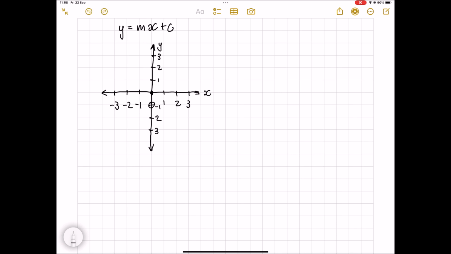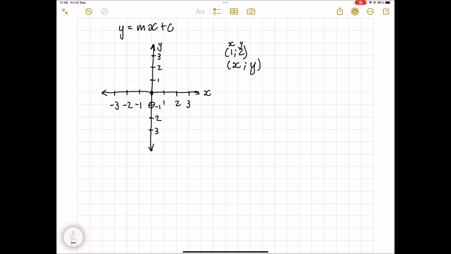So let's say you want to find the point 1 and 2. With coordinate notation, it's always in the form x first and then y. So if they give you a point 1 and 2, it means that the x is 1 and the y is 2.